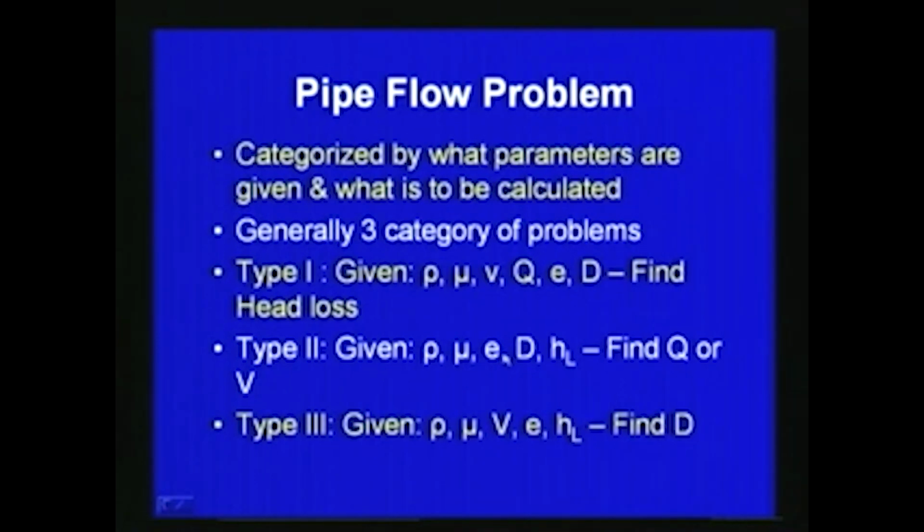In the type 2 problem, generally the fluid parameters like density and coefficient of viscosity will be given, and the pipe parameters, the roughness height and diameter, will be given, and head loss will be given. We have to find out how much flow takes place, or the velocity through the pipe at various sections. Then the type 3 problem is, all the fluid parameters are given like rho, mu, and also the roughness is given and head loss is given.